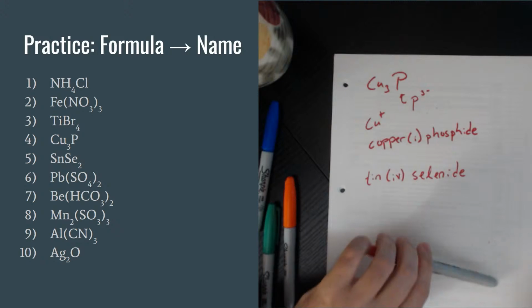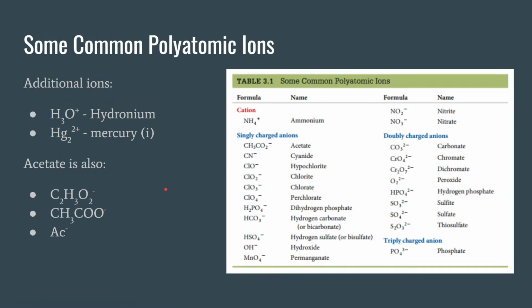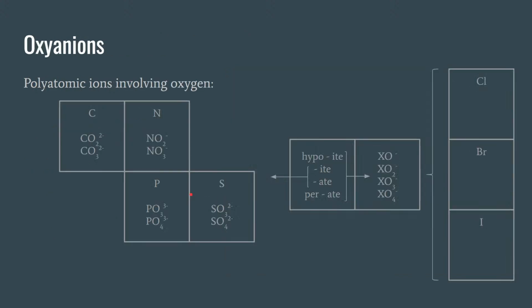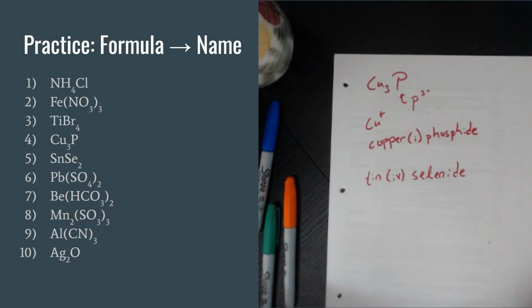Pb(SO4)2. So we have a polyatomic ion, so you have to go back and look at the chart. SO4 is over here. That is sulfate with a -2 charge. So sulfate has a -2 charge.